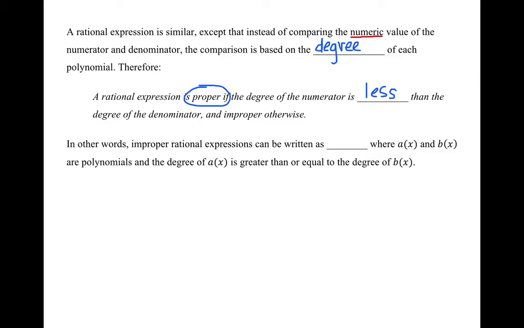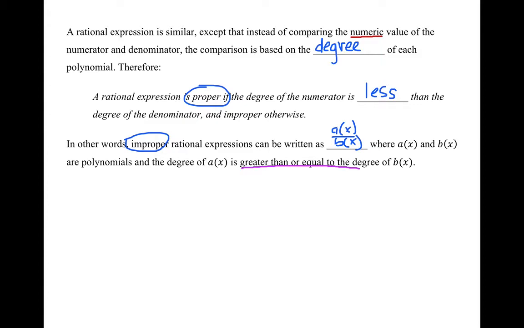Or I can say, in other words, an improper rational expression can be written as a of x over b of x, where a and b are polynomials and the degree of a of x is greater than or equal to the degree of b of x.